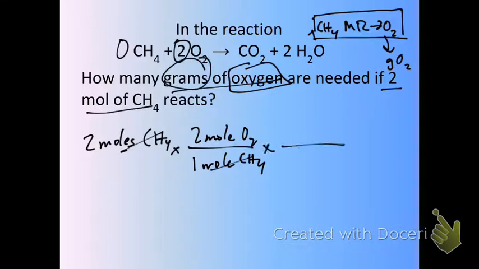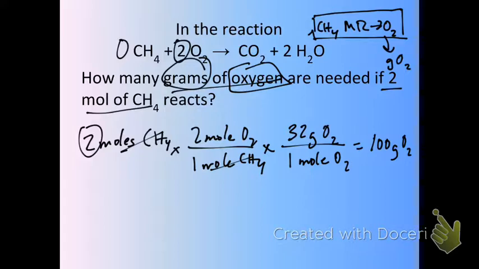So I'm going to go one more time. 1 mole of O2 gives you 32 grams of O2. So 2 times 2 times 32. 4 times 32 is 128, right? But I only start with 1 sig fig, so actually it'll be 100 grams of O2.